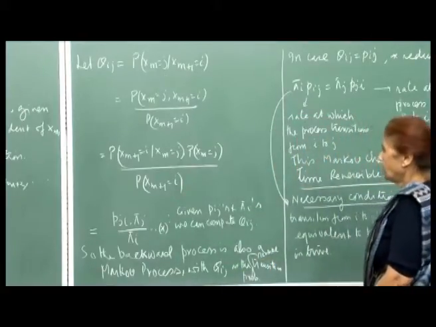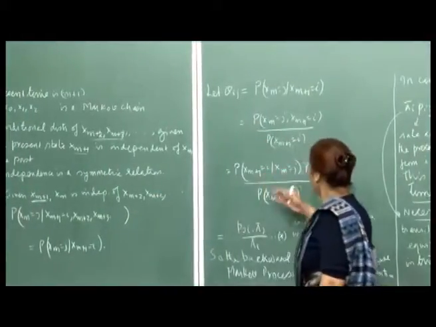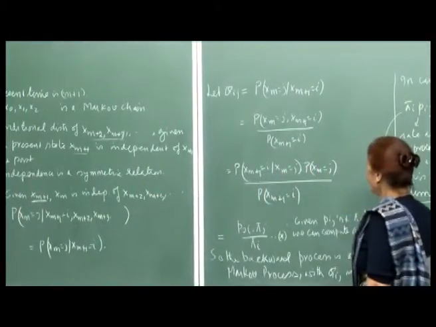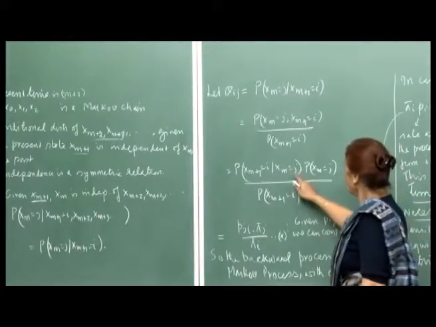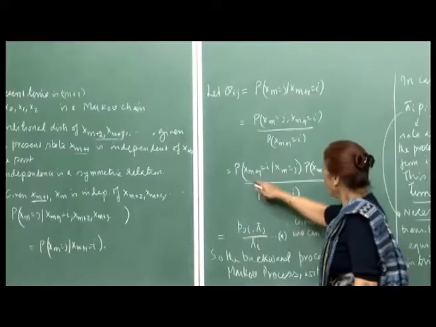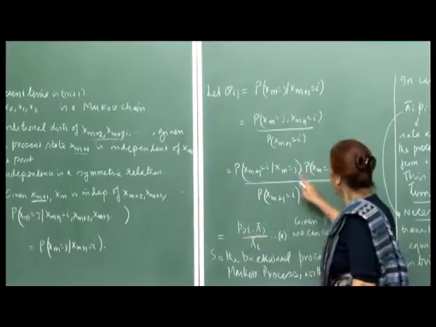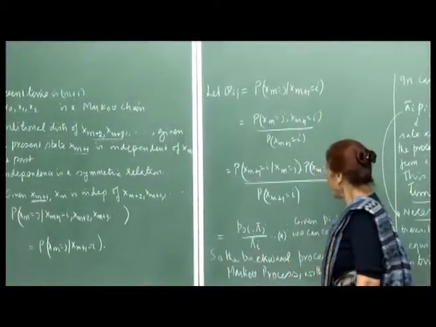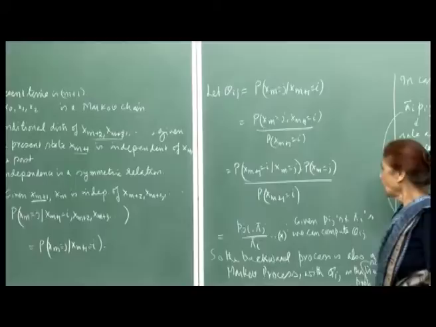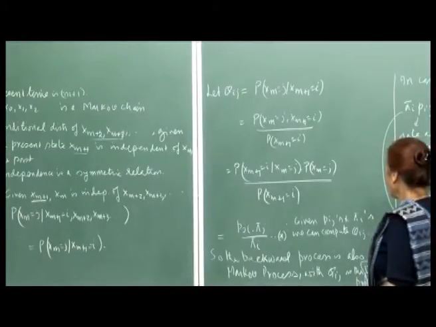And because we already have the transition probabilities for our forward process and the stationary probabilities pi i, this can be written as p j i into pi j, the probability x m equal to j, divided by pi i, that is, being in state i at time m plus 1, the stationary probability.